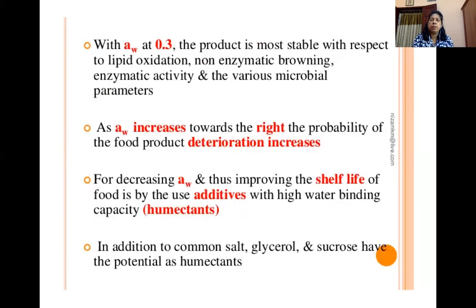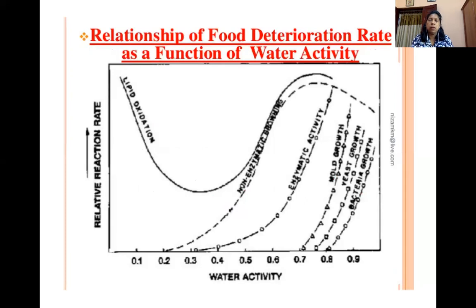One way of decreasing water activity and thus improving the shelf life of food is by using additives with high water binding capacity. But in the other situation, if the water is available, but that available water is not supporting different reactions or actions, then we can keep the product stable for a longer period.